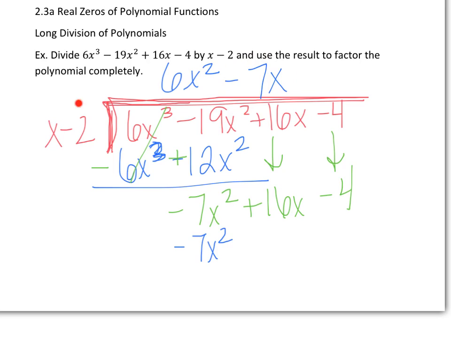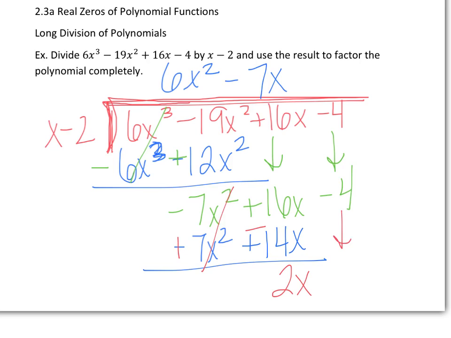Negative 7x times negative 2, positive 14x. Then I change my signs and combine. These fall out. 16x minus 14x gives me 2x. Bring down my minus 4.